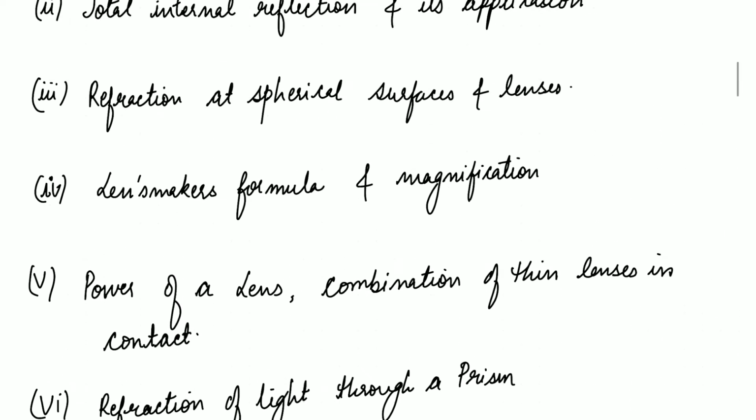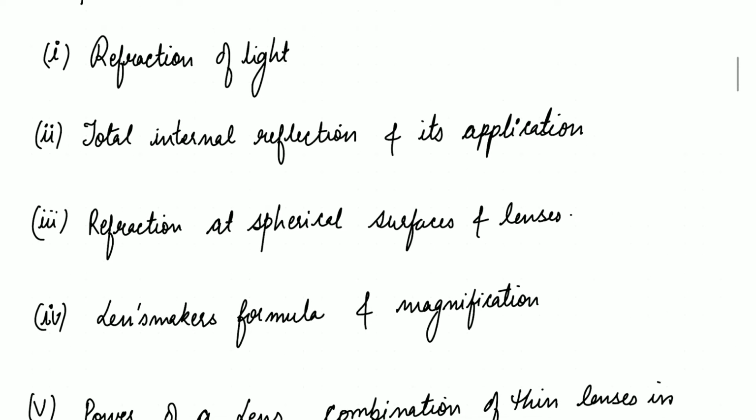So overall, although a lot of topics have been deleted, it is still a very huge and very important chapter as far as your term 2 board examination is concerned. Your term 2 board examination will not be objective type, it will most probably be subjective type. So we have to study all the derivations and all the concepts here.